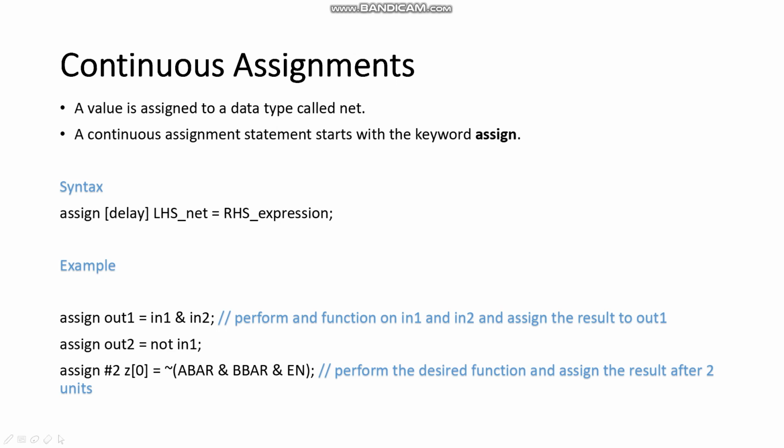The syntax is: assign, then a delay (delay means a time value), then LHS net equals RHS expression. The LHS net is a data type that can't store any value; it is like a wire.